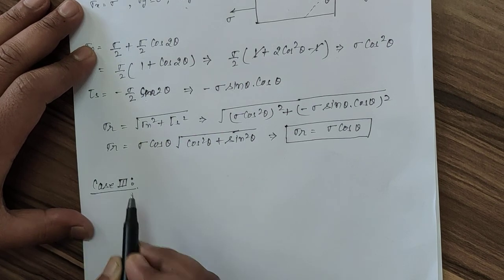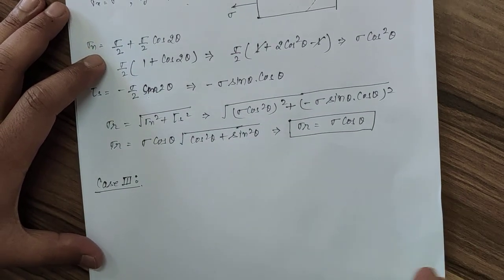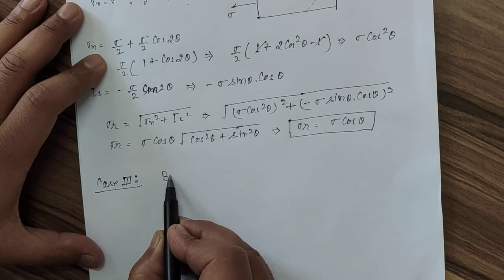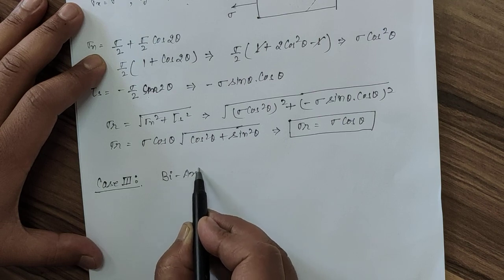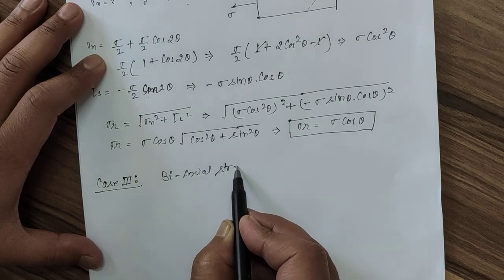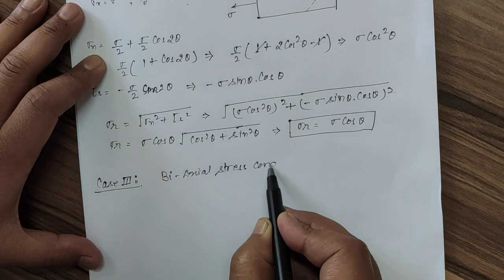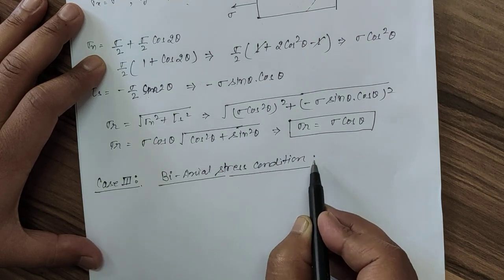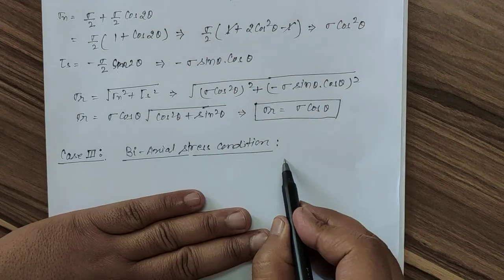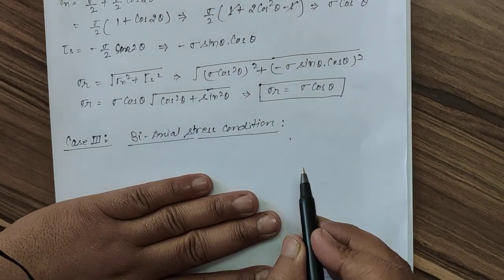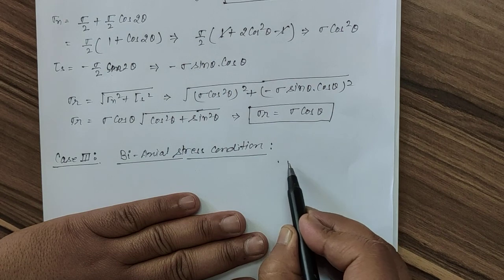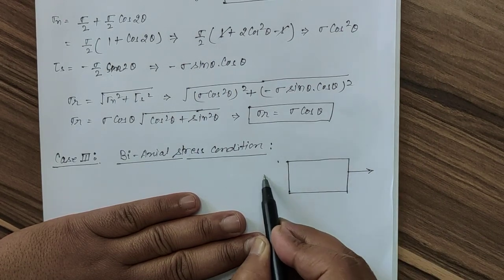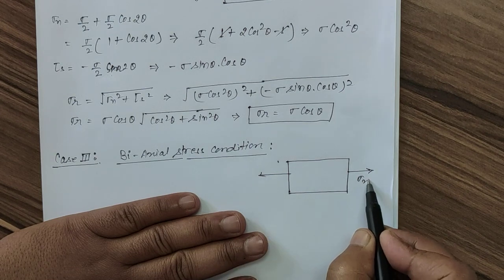Now what are we doing for case 3? In case 3 we are taking the biaxial stress condition. Biaxial means we are going to take the stresses in two directions, that is, sigma x and sigma y.